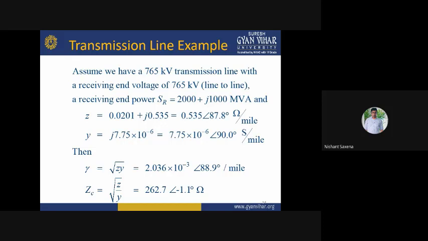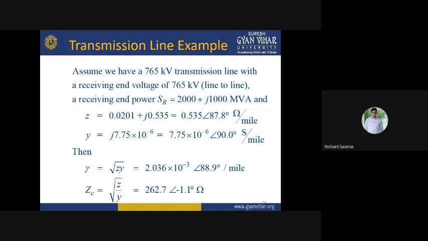Therefore, the propagation constant, gamma, will be equal to the square root of z times y, because this is your per mile, or we can say per kilometer, per unit length of the transmission line, which is coming to be 2.036 × 10^-3 angle 88.9 degree per mile.